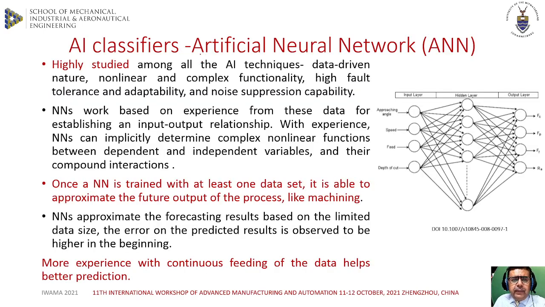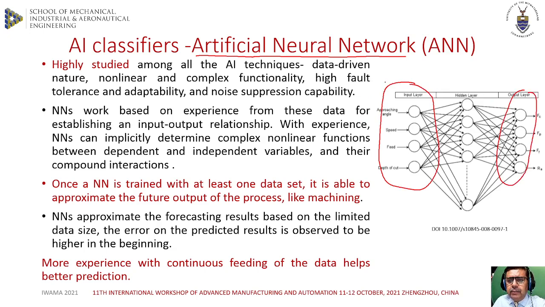Now coming to the first classifier, artificial neural network, so ANN. Here we try to develop a relationship between input and output. In the input, we can have the various parameters that we set on the machine. On the output side, we can have the tool wear, whatever we are looking for, or it could be say cutting forces.